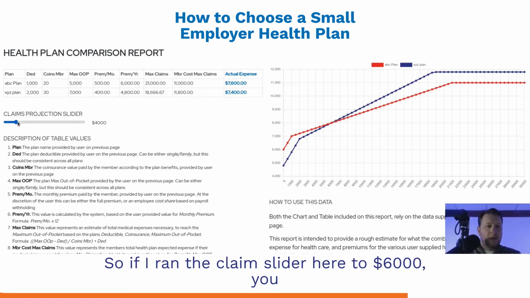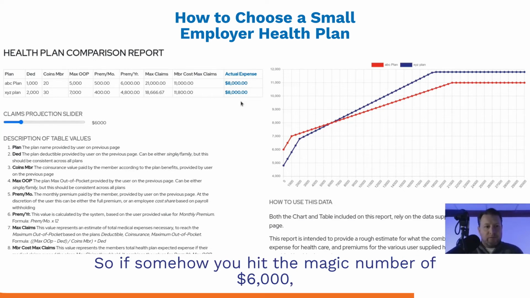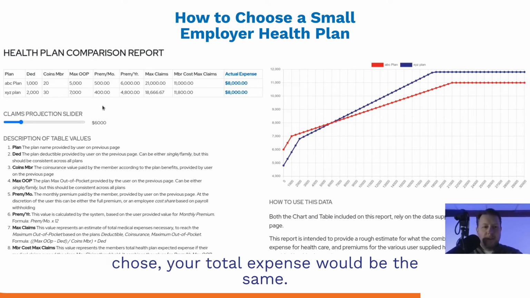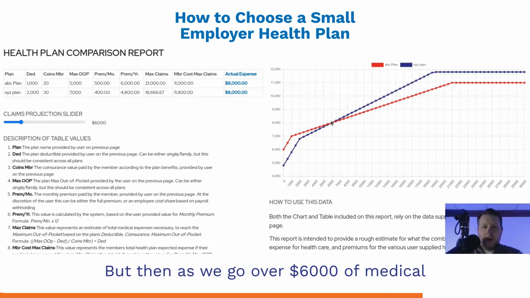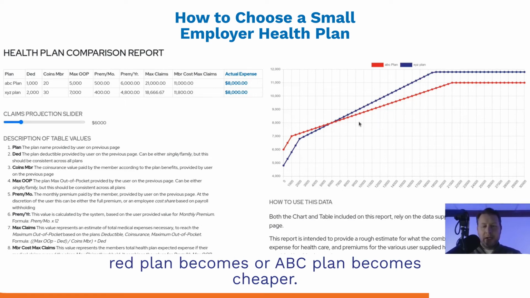So if I ran the claim slider here to 6,000, you can see that the expenses between the plans are equal. So if somehow you hit the magic number of 6,000, it actually wouldn't matter which of the two plans you chose. Your total expense would be the same. But then as we go over 6,000 in medical claims, the red plan, or ABC plan, becomes cheaper.